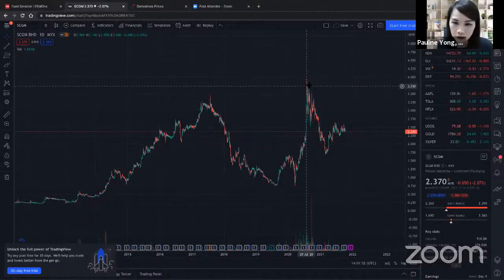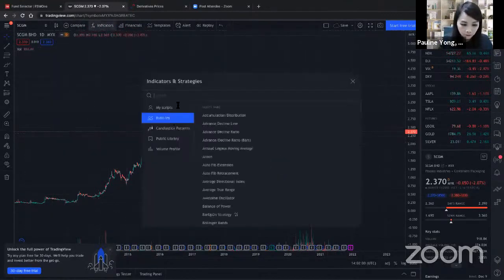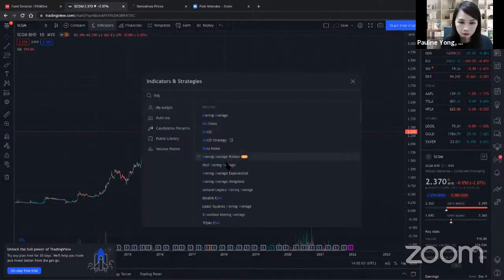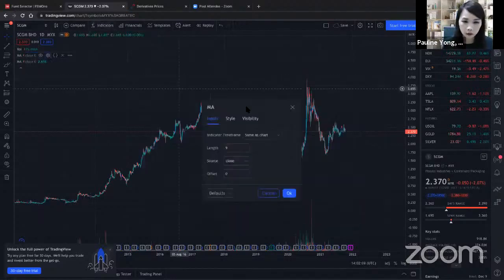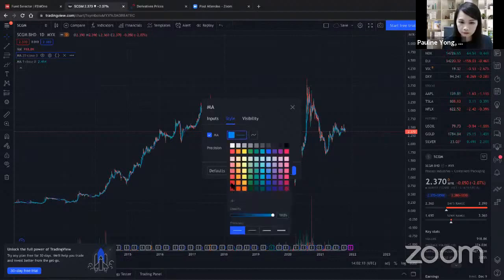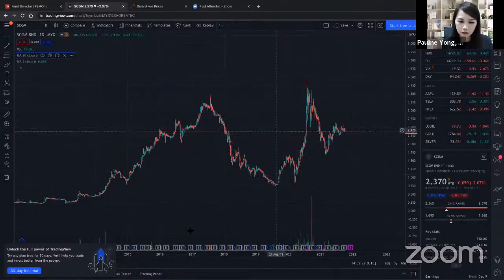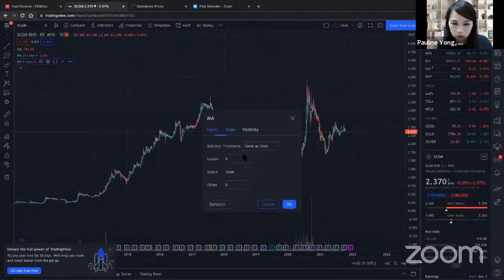So it is not so easy to pass this level, because I need to look at the 20-day and the 200-day moving average as well. So the MA lines, moving average lines. So I need to see where is my 20 and my 200-day. Okay, so it's actually looking at that.